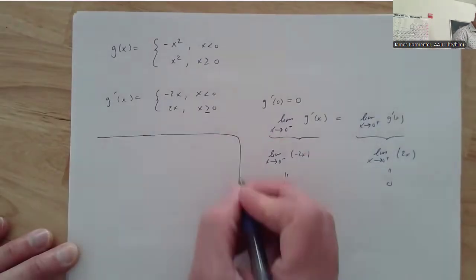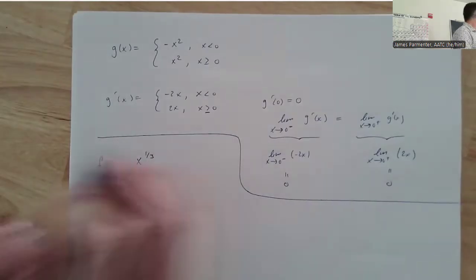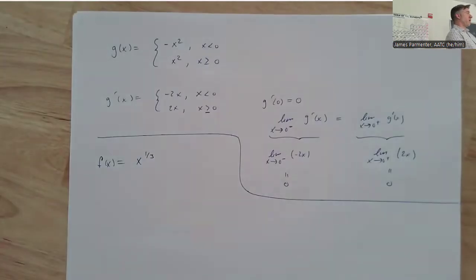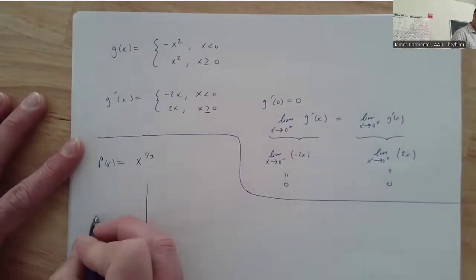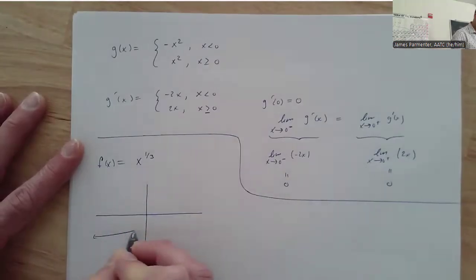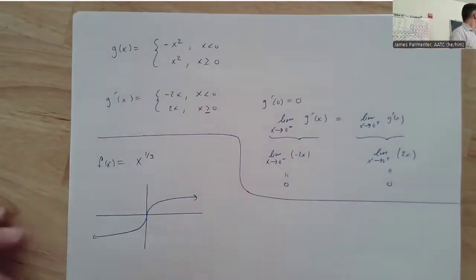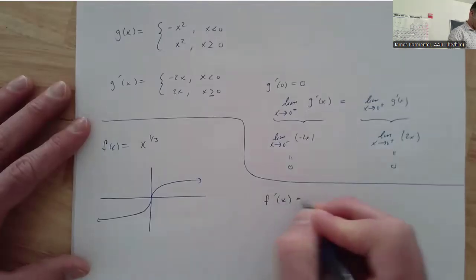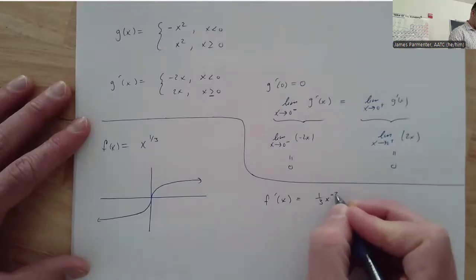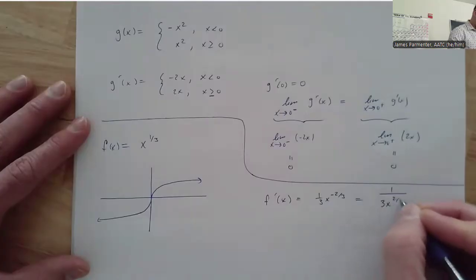This is probably the best example of a function that does have an inflection point somewhere, but the derivative and the second derivative aren't defined there. So here's our cube root function. It looks vaguely like this. And certainly, if we start looking at the derivative and the second derivative, our first derivative is 1/3 x to the negative 2/3, or I would probably prefer to write it as 1 over 3x to the 2/3.